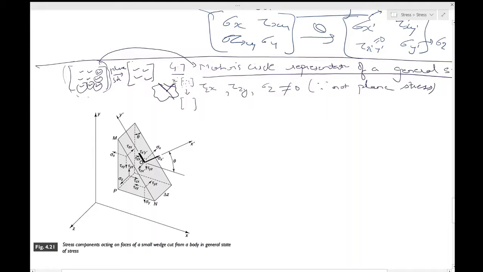Say this x dash, and this rotation has happened by the angle theta. So this was your original x, this was your y. Okay, the only thing is that right now you have all the 6 components of stress.